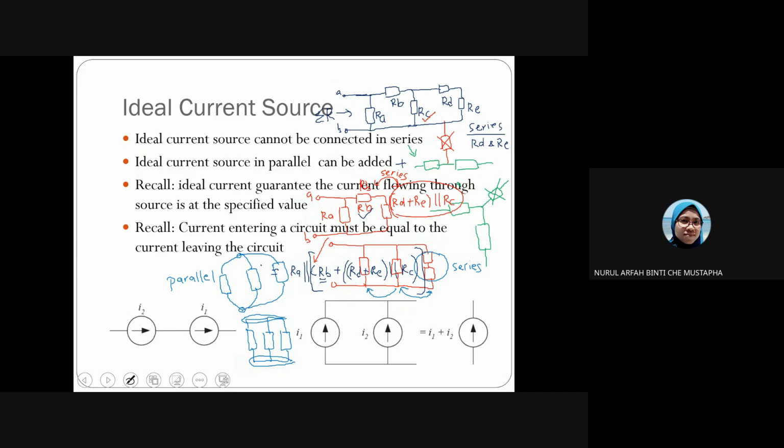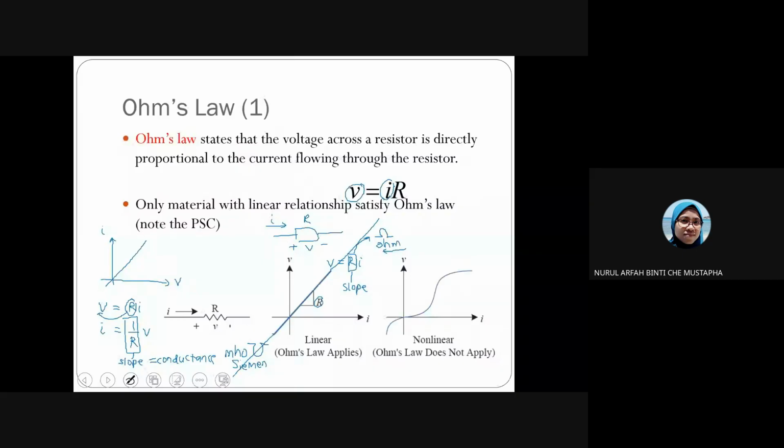Resistor, direct current through resistor. This is a resistor. The current through the resistor, voltage drop. Yeah, this voltage over the resistor gives the current.